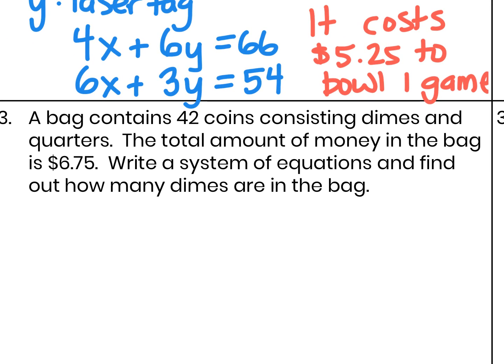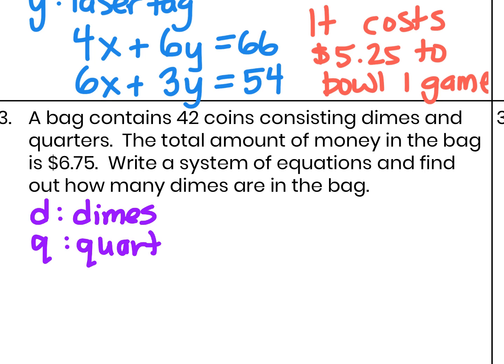A bag contains 42 coins consisting of dimes and quarters. So that's going to be our 2 variables. D for dimes, Q for quarters. The total amount of money in the bag is $6.75.